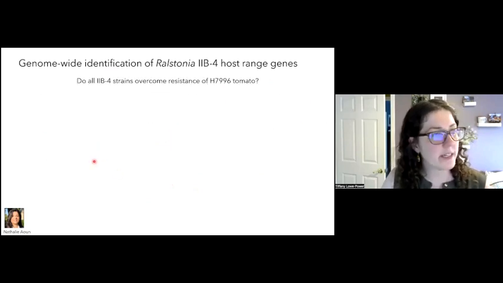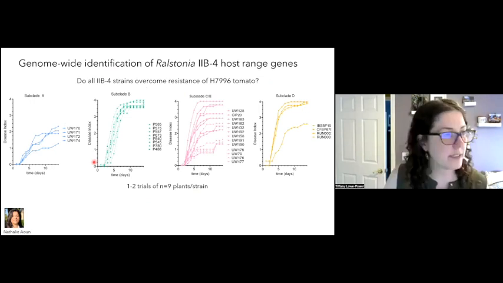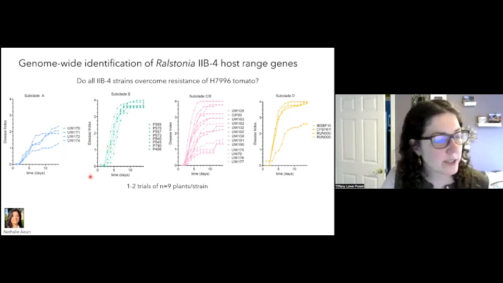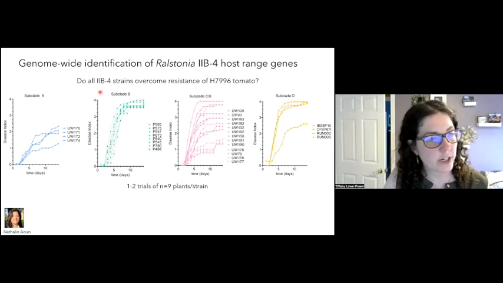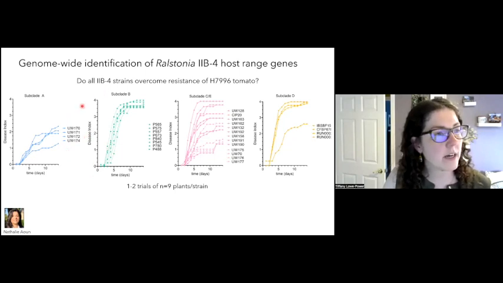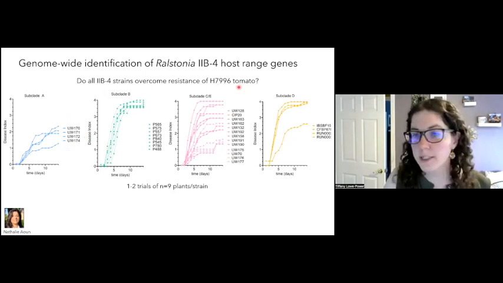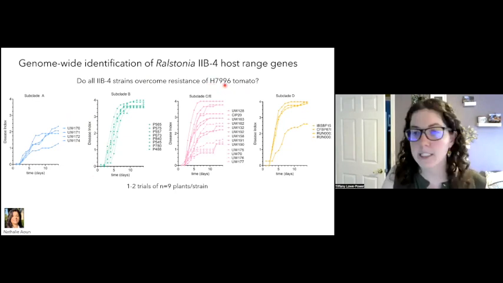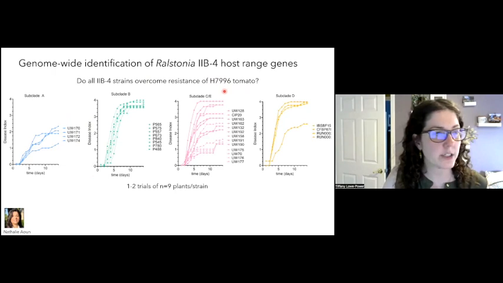While Natalie's been getting up to speed optimizing the statistical approaches, she's also adding to the data set by phenotyping these strains on a resistant cultivar of tomato from Philippe Prieur's group. We knew that there were resistance breaking strains within 2B4.